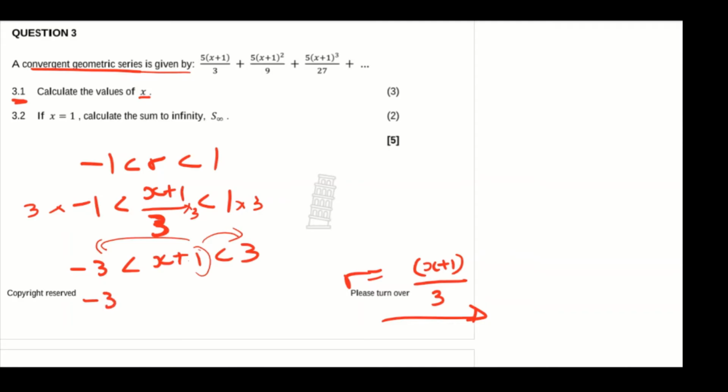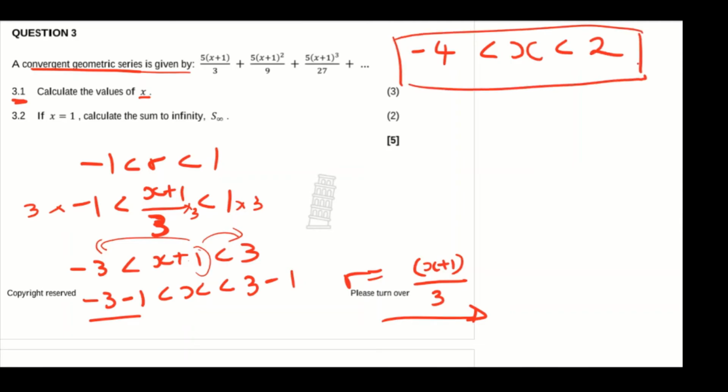So it's -3 minus 1 less than x less than 3 minus 1, right? This is -3 minus 1, which is -4. It's less than x less than 2, right? So this is your solution of x. x must lie between -4 and 2.